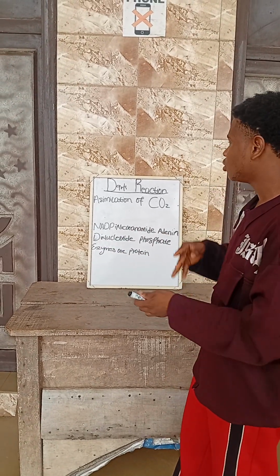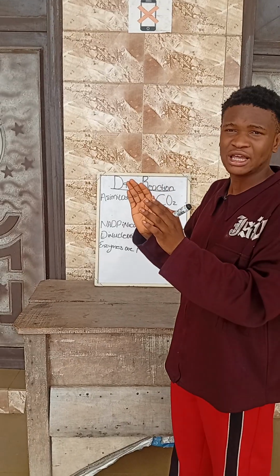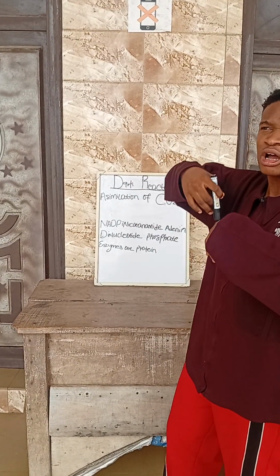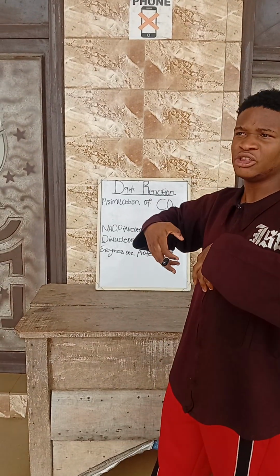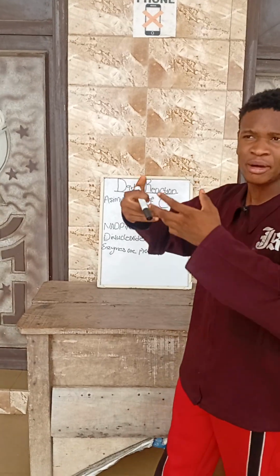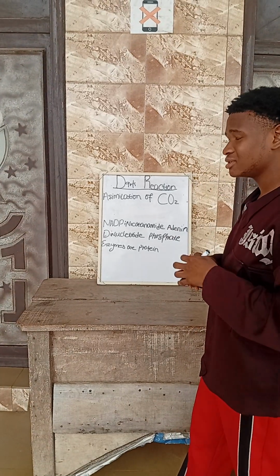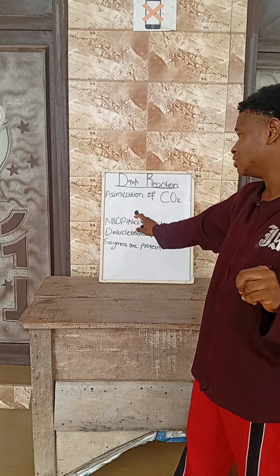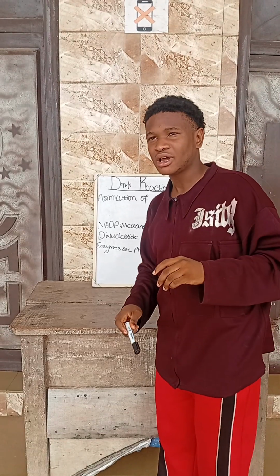Just note that. So in assimilation of carbon dioxide, those hydrogen ions form sugar by a stepwise reaction controlled by enzymes. That's one of the main things you need to know in this assimilation of carbon dioxide. Then those enzymes help as well.